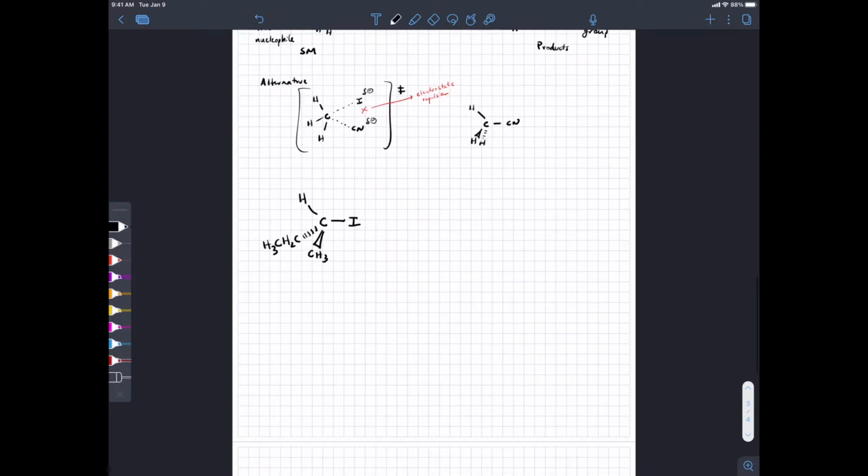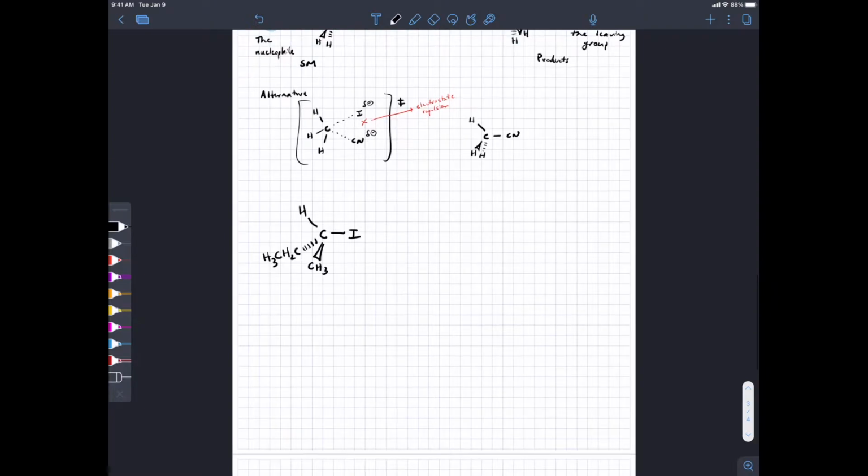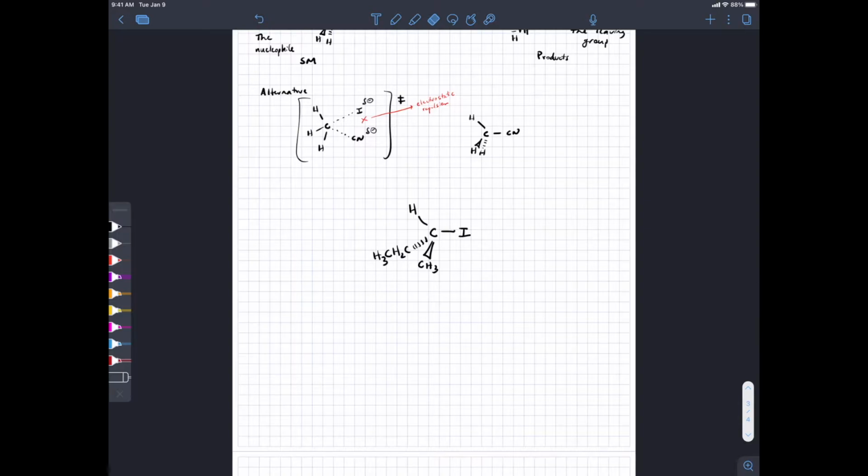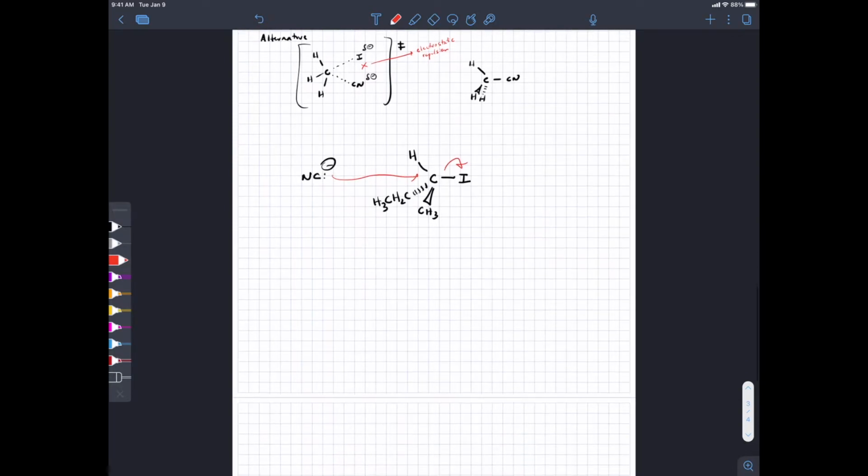All right, so let's draw, let's see how we are going to do this. Put it here, and then we'll say if CN minus came in from behind, the mechanism would look like this.